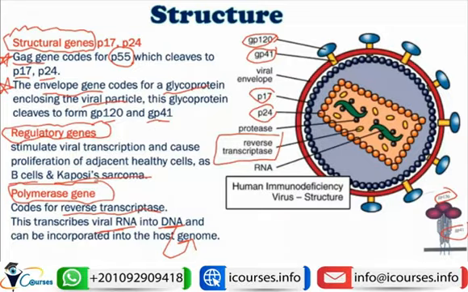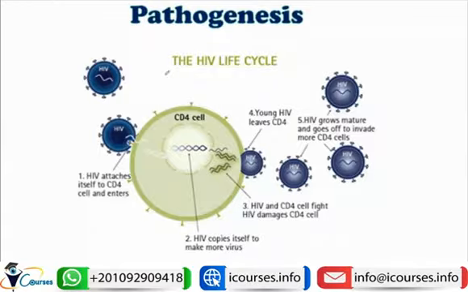So how can the virus infect the human cell? What is the pathogenesis? The HIV life cycle is the same as any viral cycle, the only difference being that it targets specific cells, the CD4 cells. HIV attaches itself to the cell wall of the CD4 cells, then penetrates inside.